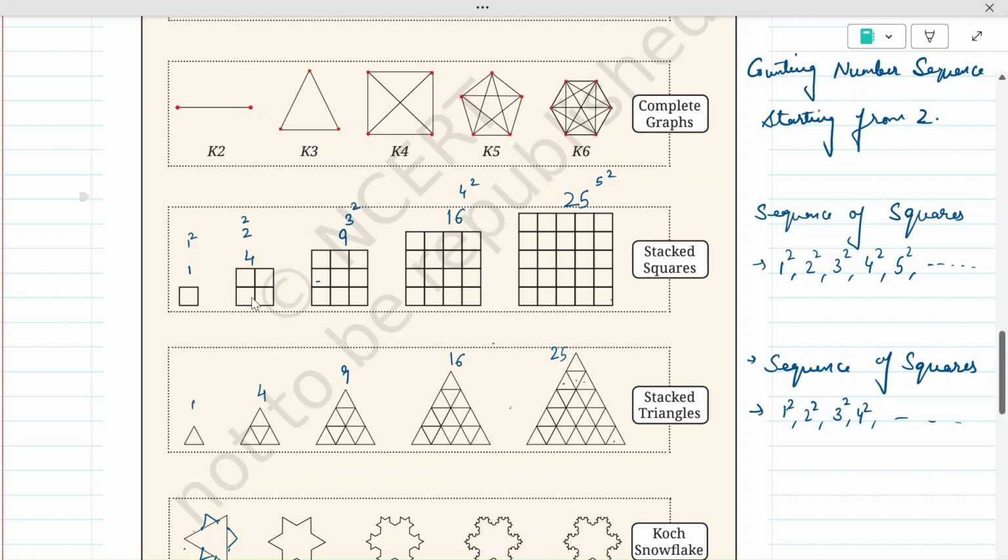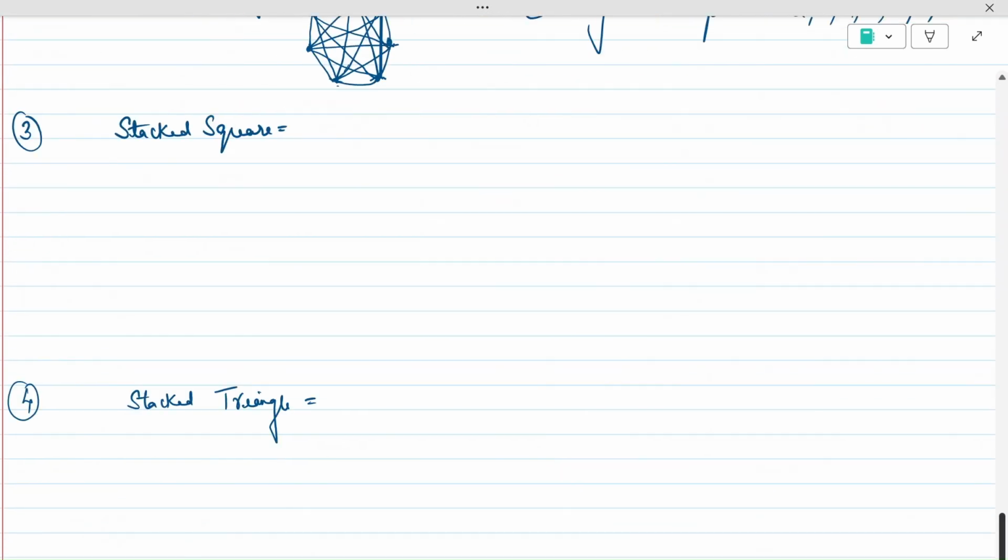Okay, because this was the sequence of squares: 1 square, 2 square, 3 square, 4 square, 5 square. Now we have to make a 6 square figure. So I'm writing here stacked square of 36 stacked square figure. Okay.